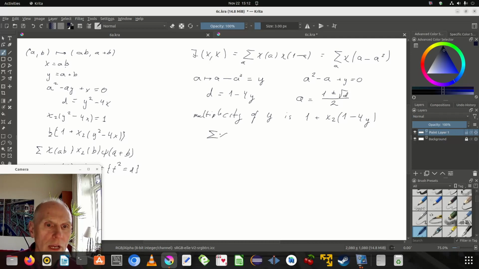So if you now do it like this, the sum of chi of t times the multiplicity of t seems to be y.